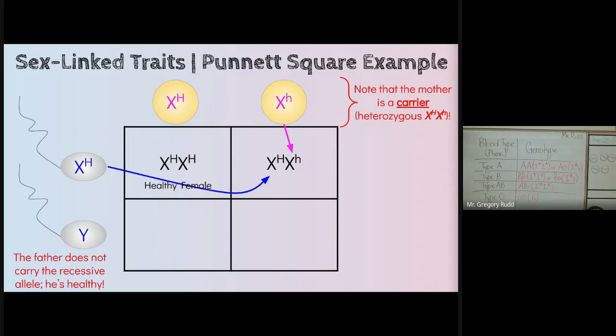They're hetero. They're female. Good. And what do we call a female? A carrier. So this is a carrier female. Good. Okay. What's going to go on this side?